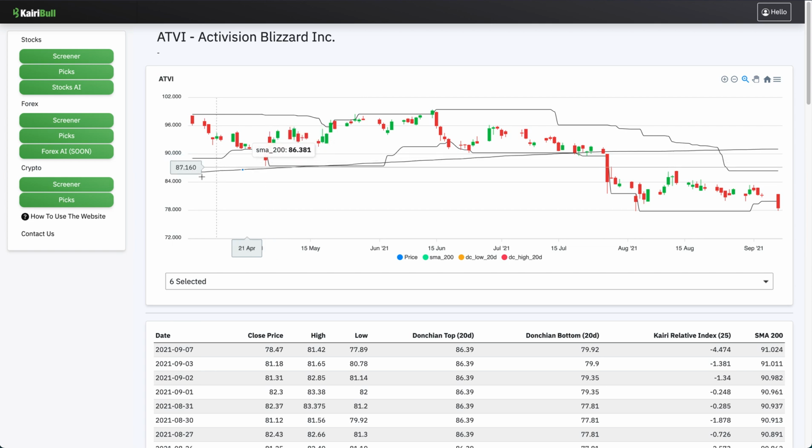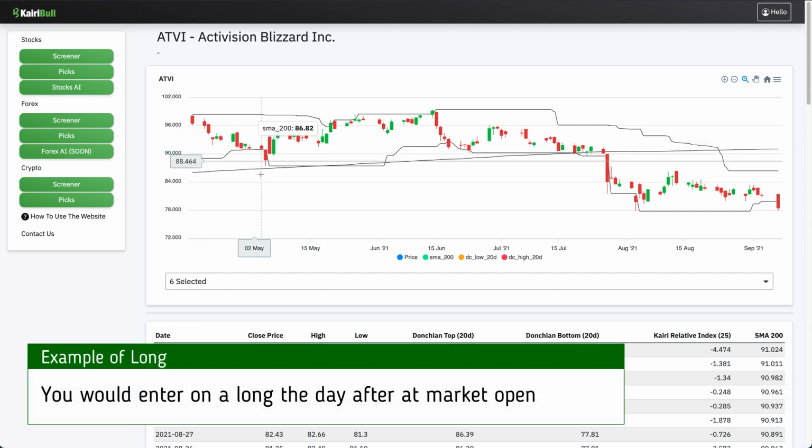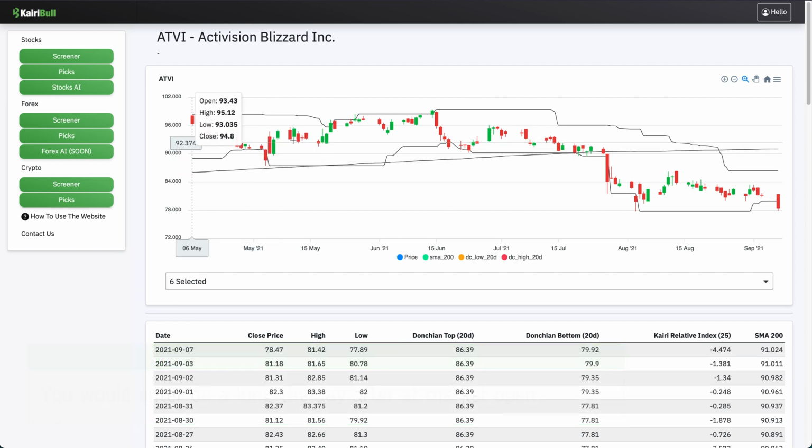Why? Because the price is above the moving average and it breaks the bottom channel, so the next day we would buy here at 93, and the stop loss would be at 87, and we would wait and exit here at 96.